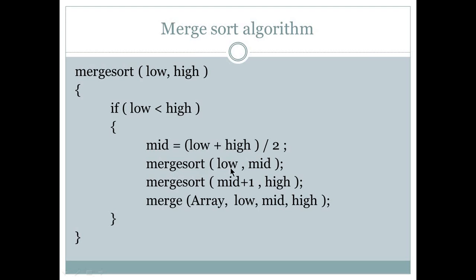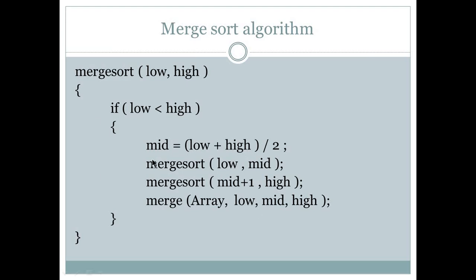Again it will divide each into two parts, meaning 1 to 3 and 4 to 6, and here 7 to 9 and 10 to 12. So this will call itself recursively, so it will generate a recursive relation, or we can say a recurrence relation.